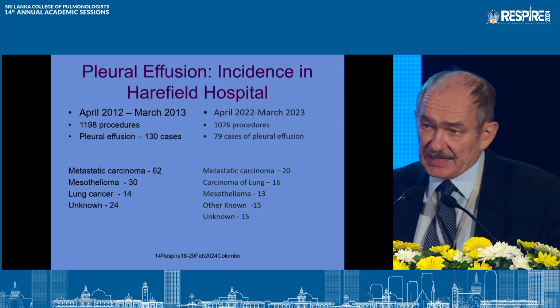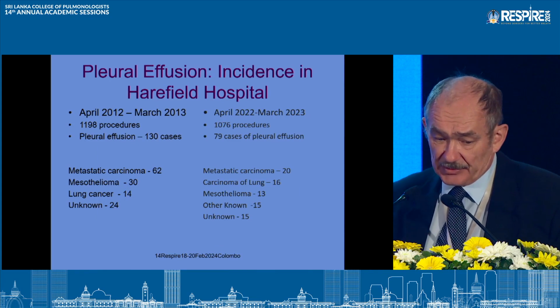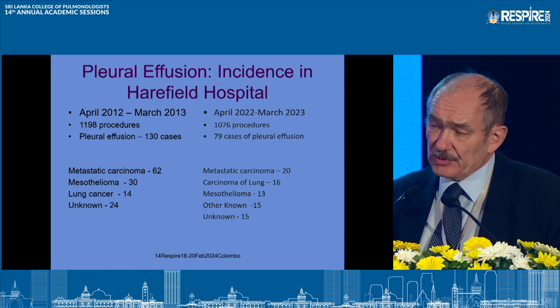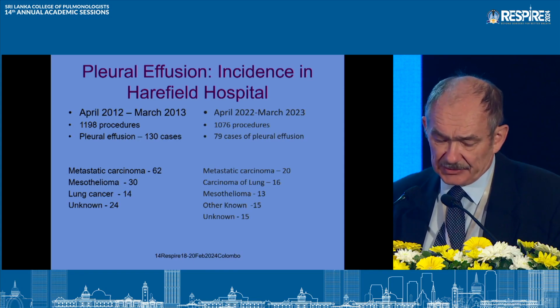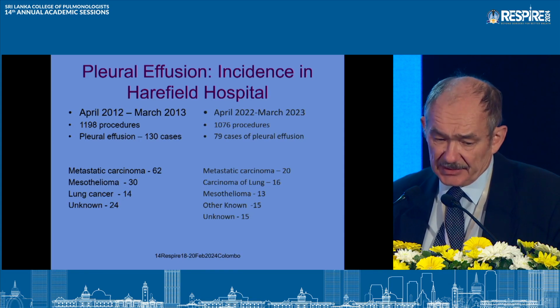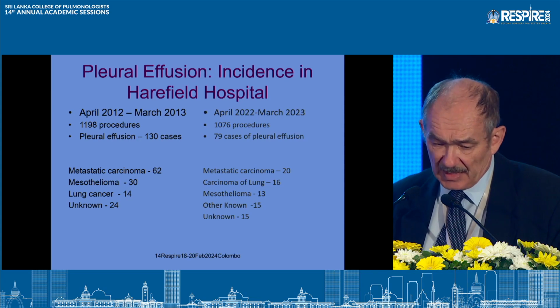It's interesting to see the dynamics of our involvement as surgeons in the management of pleural effusion. I was doing a similar talk about 10 years ago, and at that time our department in 1 year performed slightly over 1,000 procedures, and we managed pleural effusion in 130 cases.